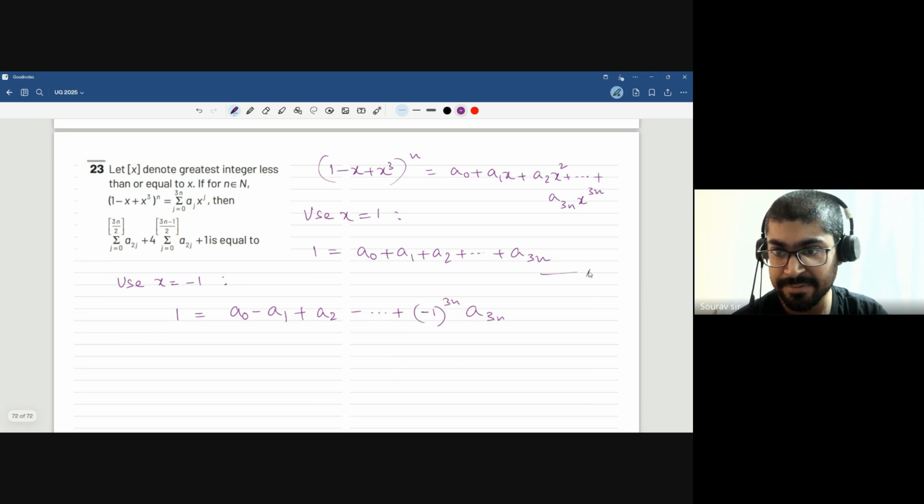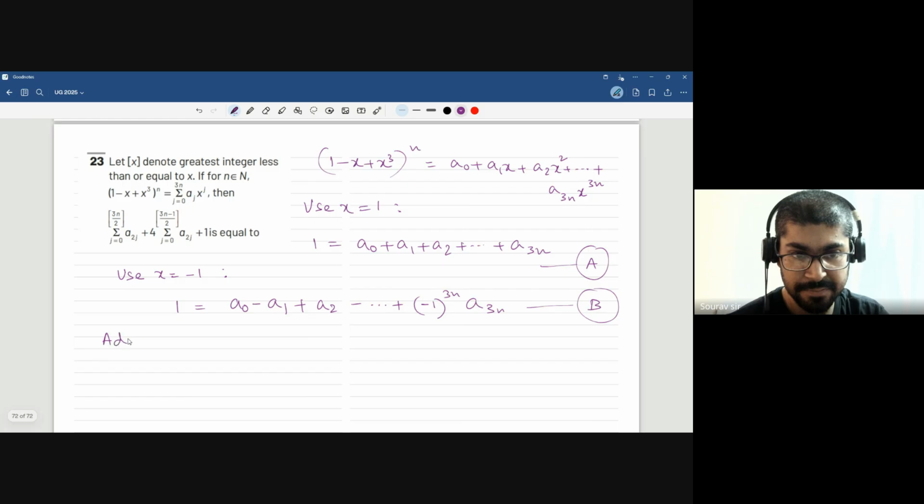So this is a, this is b. So adding, if you add a and b, the odd terms will go away, minus a1, and the even terms remain.